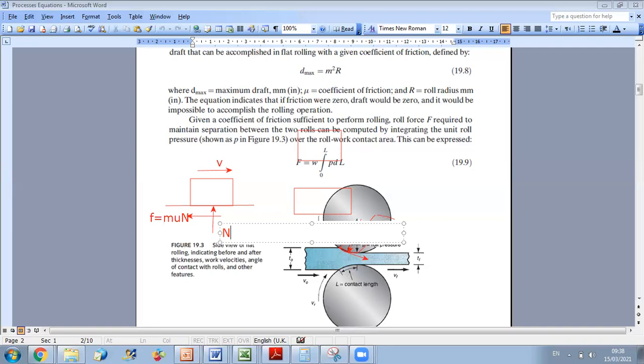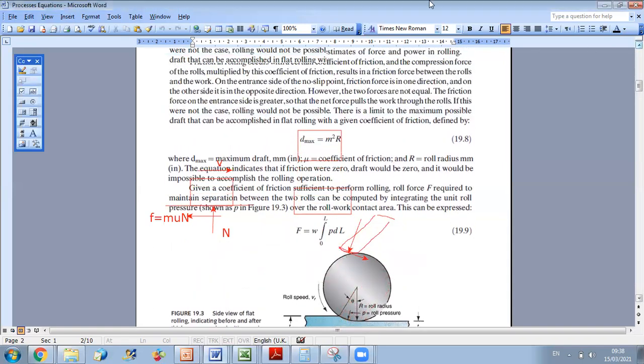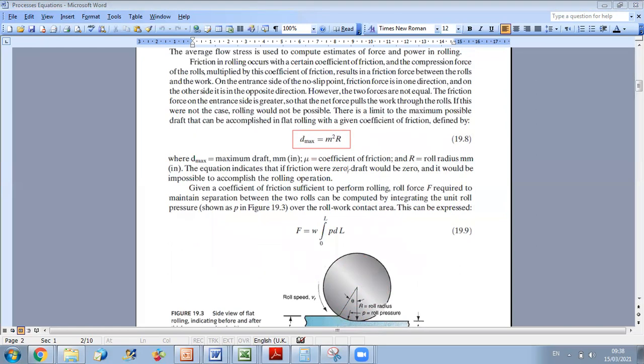Now, concerning the relation between the possible draft and friction, we have developed an empirical relation from experiments. We have seen that the maximum draft that can be performed in one pass, so if I pass my material one time through the rollers, is the radius of the rollers times the coefficient of friction between the two surfaces to the power 2. So without friction, I cannot achieve any draft.